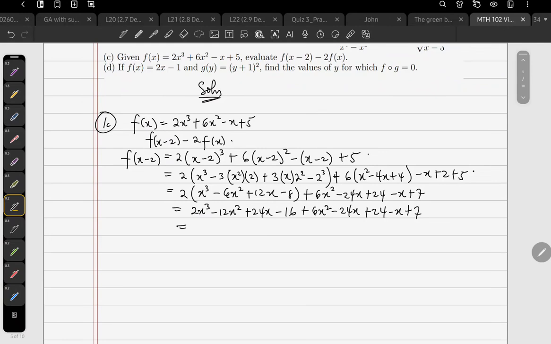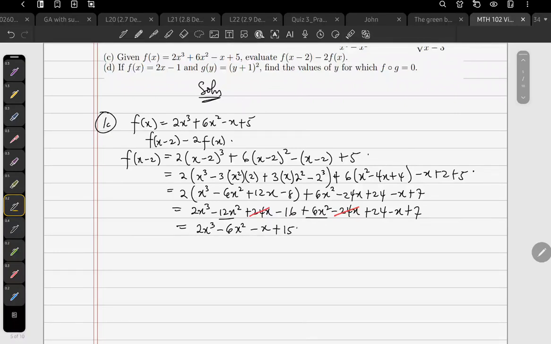And finally, we have 2x cubed, the negative 12x squared plus 6x squared, we have negative 6x squared, plus 24x minus 24x, that cancels out. Then we have negative x, and negative 16 plus 24, that is plus 8, and plus 8 plus 7, that will give us plus 15.